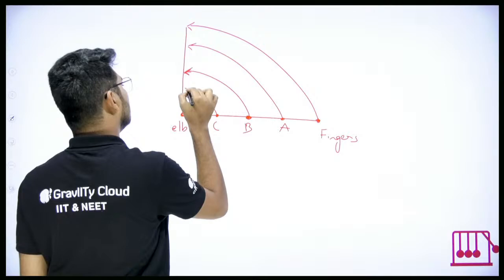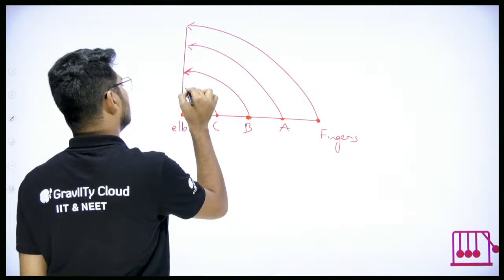Here I can clearly say points A, B and C move different distances.